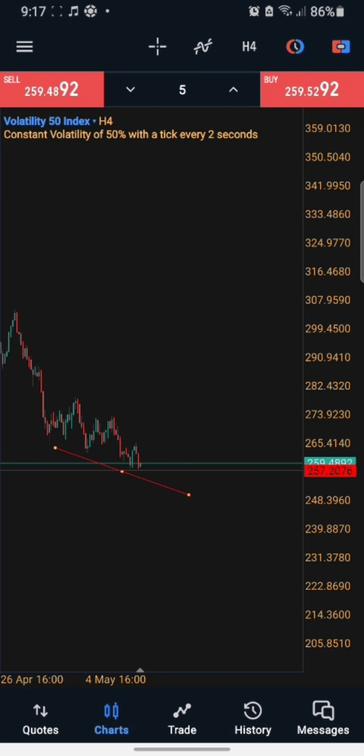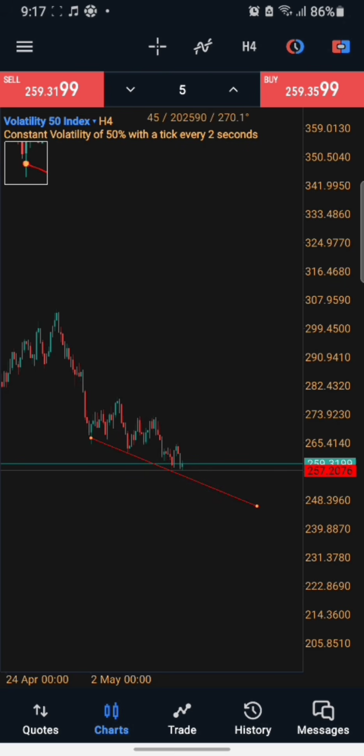And then we draw our trend lines. So remember, when you're drawing your trend lines, you should connect the wicks, not the body, so that you can be accurate.